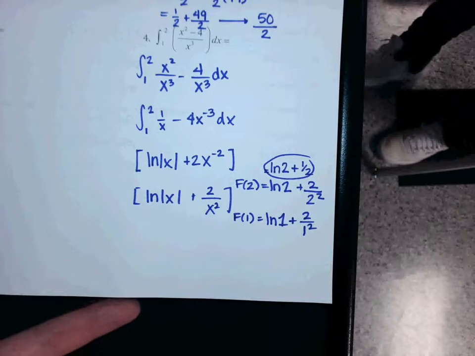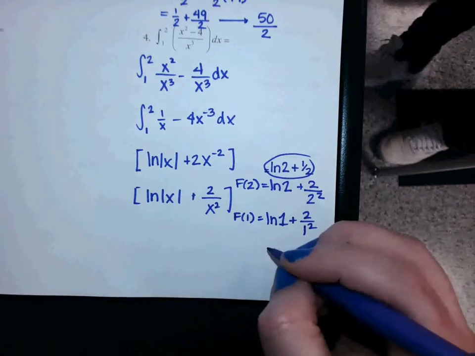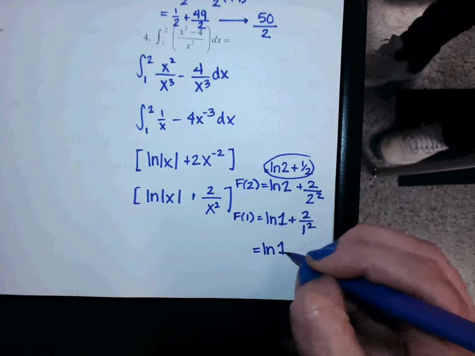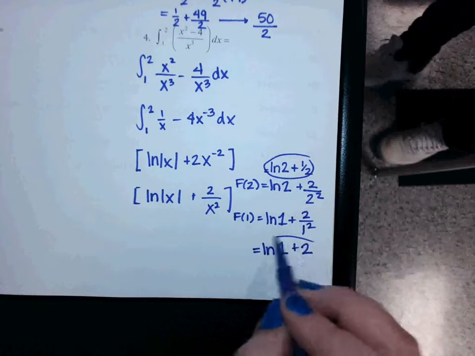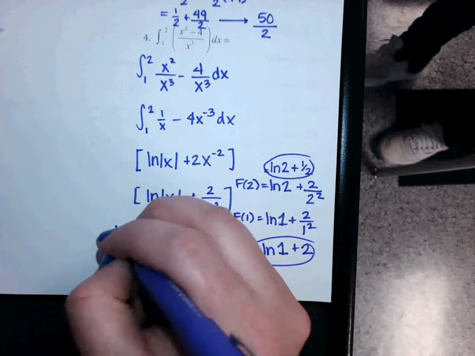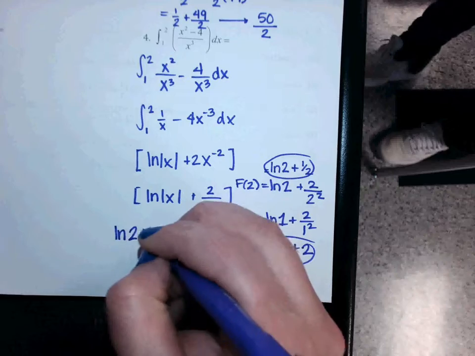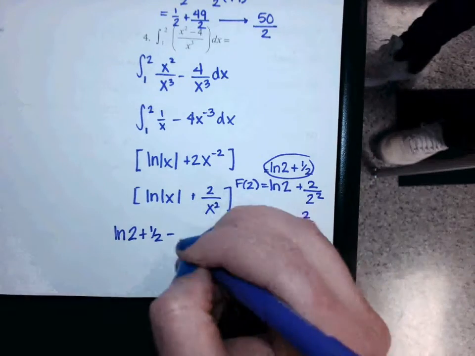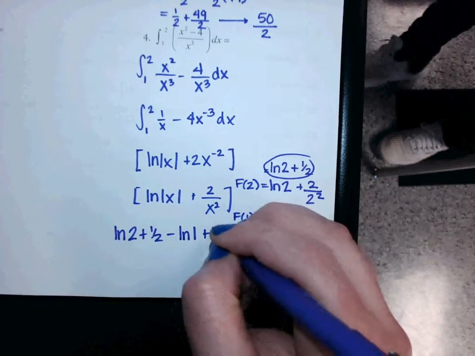Well, 1 squared is just 1, 2 over 1 is 2, so that'd be the ln of 1 plus 2. Okay, what do I do with those two guys? Subtract. So you'd have the ln of 2 plus a half minus the ln of 1 plus a half.